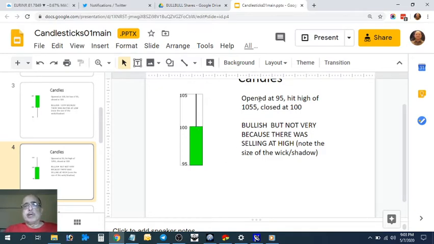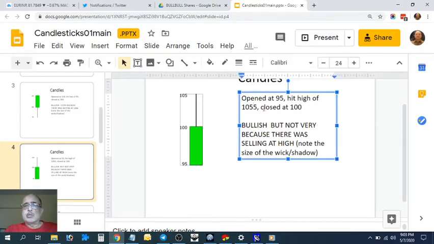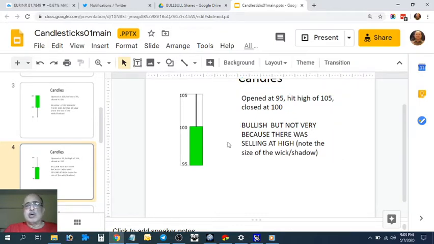You say it opened at 95, hit a high of 105, and closed at 100. What does it mean? It means yes, there is some bullishness, but not much, because there was selling at 105 levels and it closed at 100, right? So this is one.